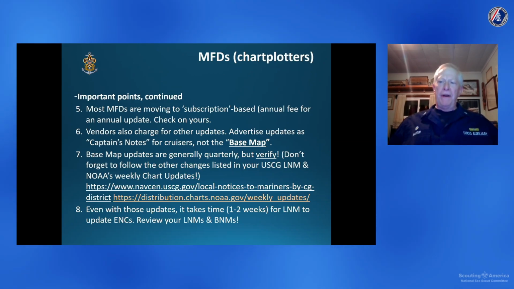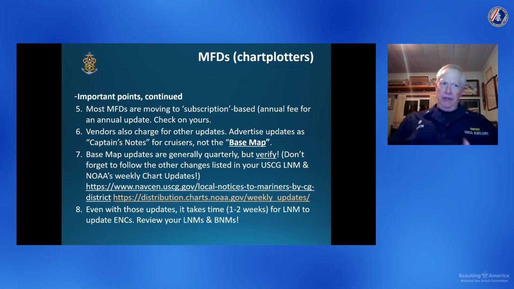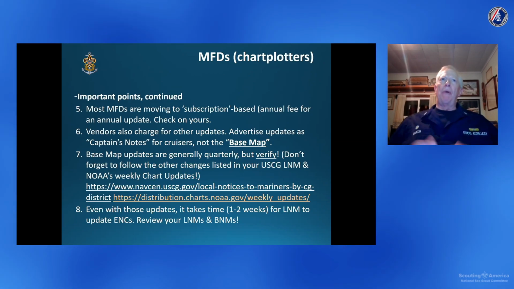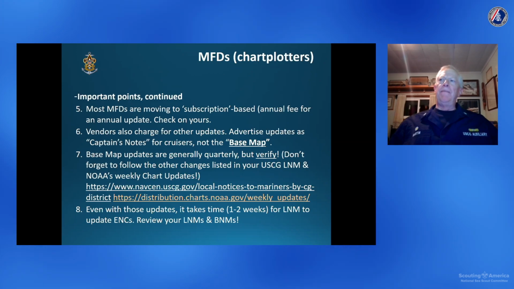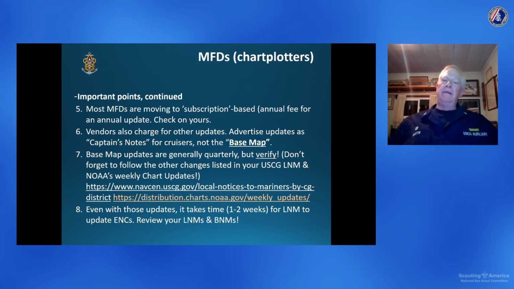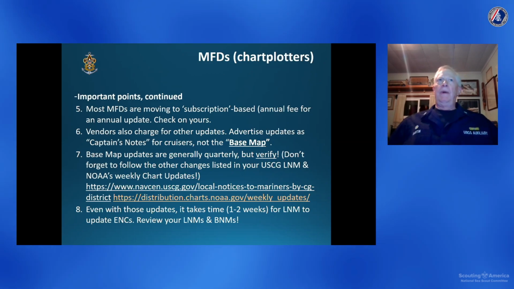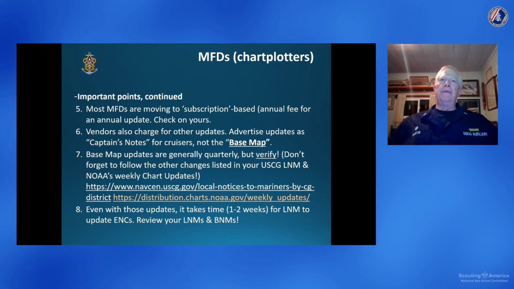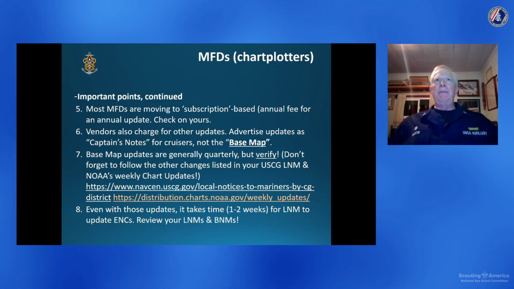They will provide those corrections in digital form that will appear on the ENC, on your multifunctional display, if you have the update. If you don't have the update, you're stuck with the base map, whatever you bought with the original unit. Some have gotten a little bit pricey over the years.